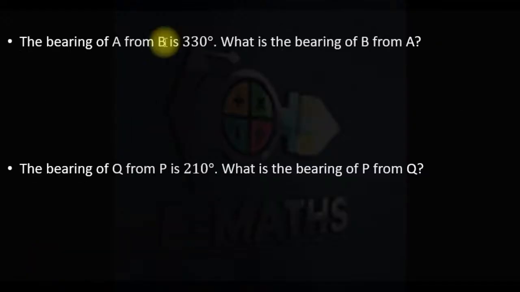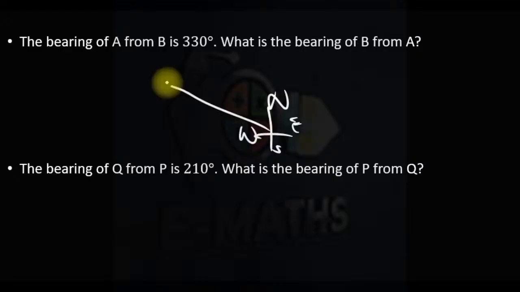Or maybe we are asked, the bearing of A from B is 330, so north, south, east, west. We start from B to A. This is 330. This is 90, 90, 90, 270 plus 60. So this is 60 degrees.